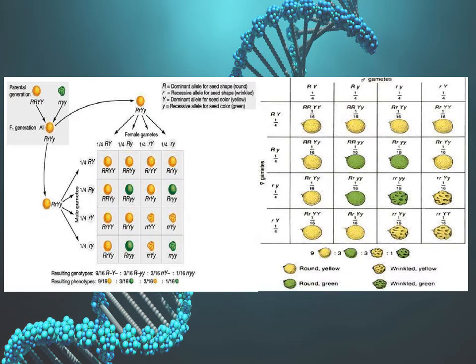So the clear picture here shows the complete dihybrid cross. Capital R is the dominant allele for seed shape round. Small r is the recessive allele for seed shape wrinkled. Capital Y is the dominant allele for seed color yellow, and small y is the recessive allele for seed color green.